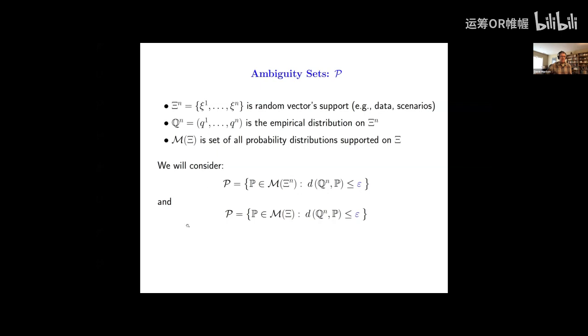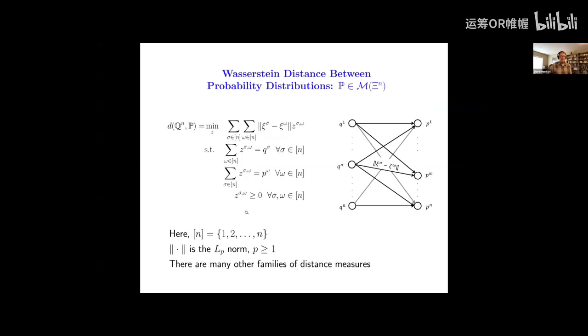How do we pick this radius? There are lots of different distance measures, but one that has been seeing some use is the Wasserstein distance. In this setting, you can think of a transportation problem. On the left-hand side, we have the origins, and they each have mass like 1 by n.